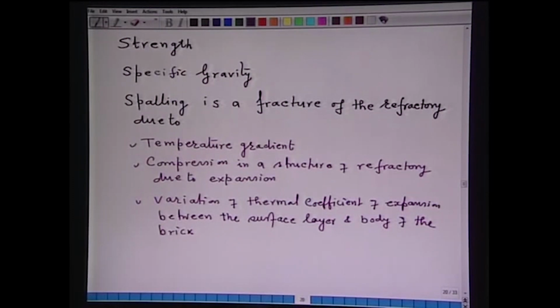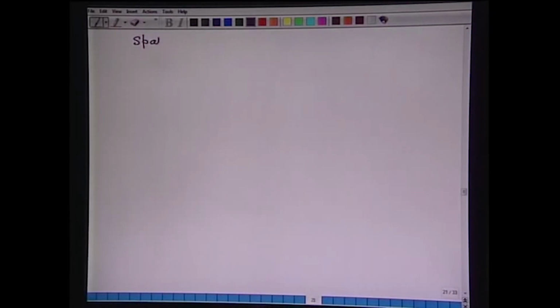This may occur due to slag penetration or due to structural changes. So, spalling on sudden heating.